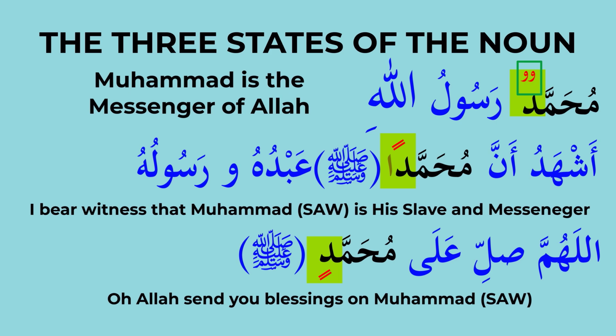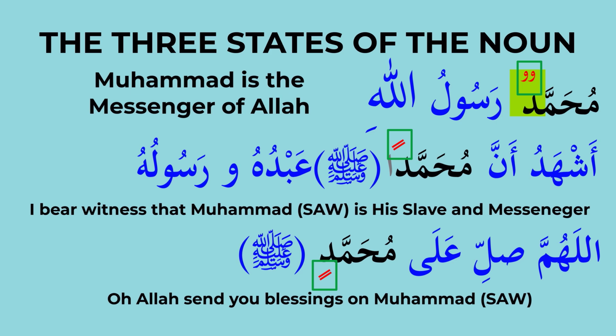It can decline to tanween fatha, or if you have al, then it is one fatha. Or it can decline to tanween kasra, or with alif and lam, with al, one kasra. Okay, brothers and sisters? So what is this, brother? Only the ending.